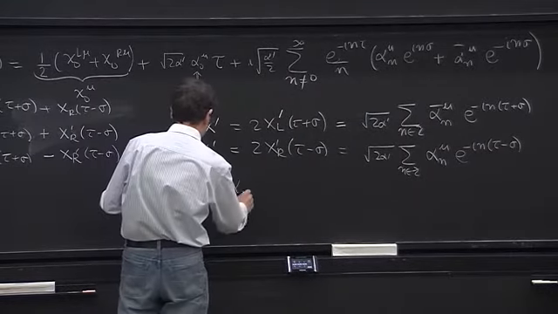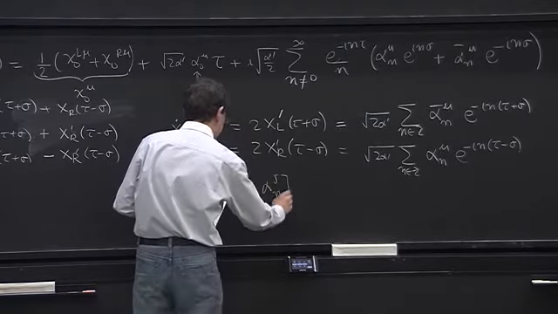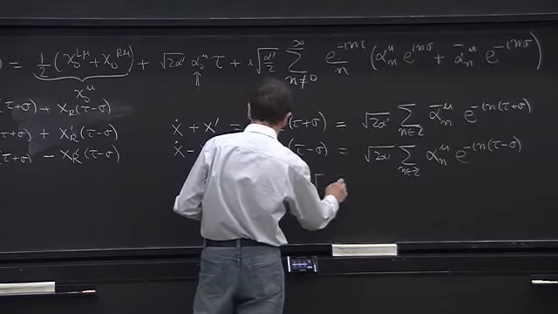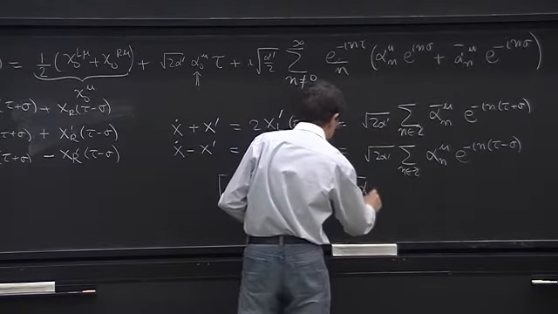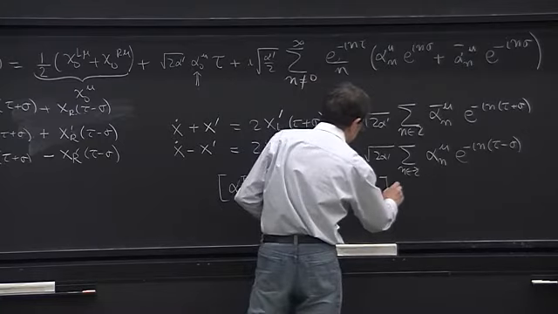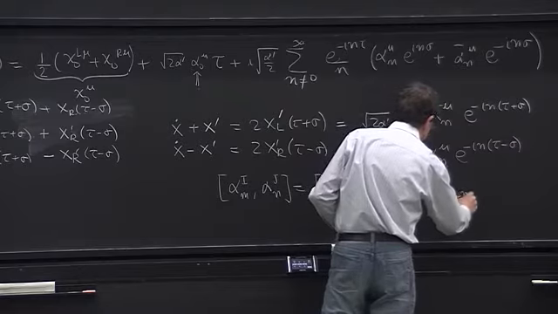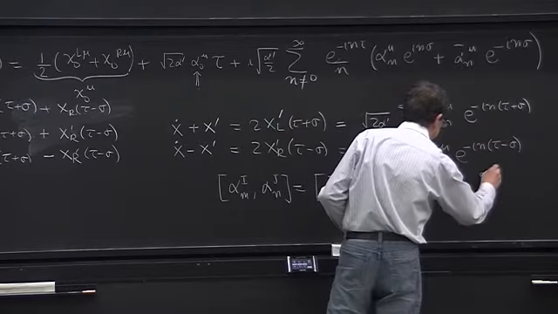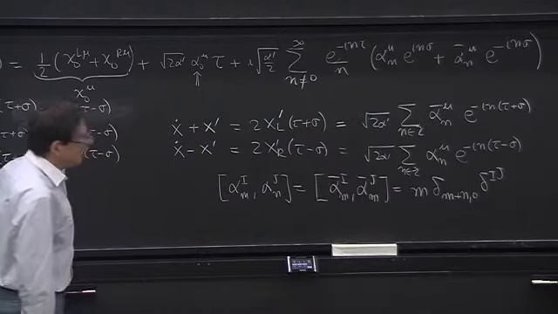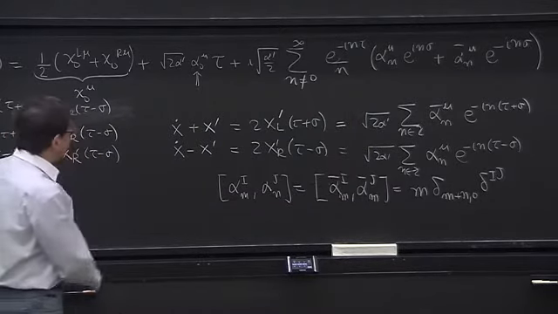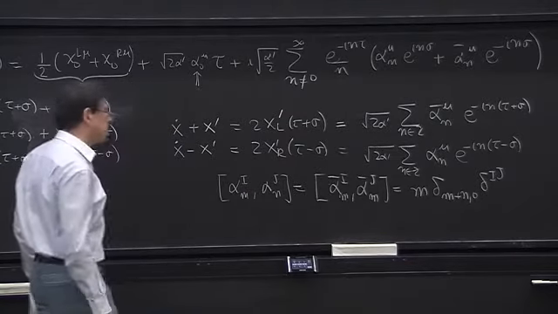So alpha m i with alpha n j is equal to alpha bar m i with alpha bar n j, and it's the same that you had in open strings, which is this commutation relation. If you want to put the square roots and relate it to a's, that's also possible.